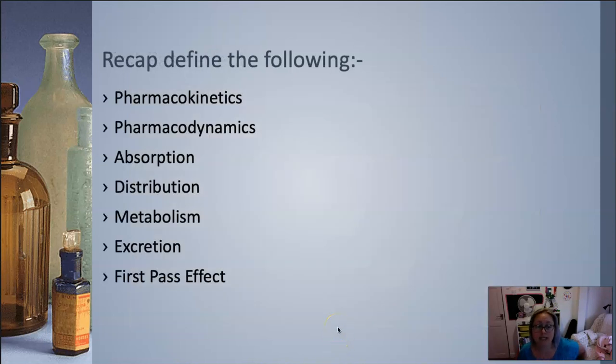So last but not least, this starts to lead us on to the tasks, what I actually want you to do for the rest of this morning's session.